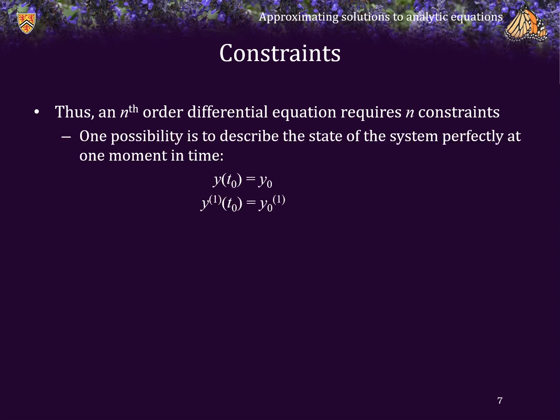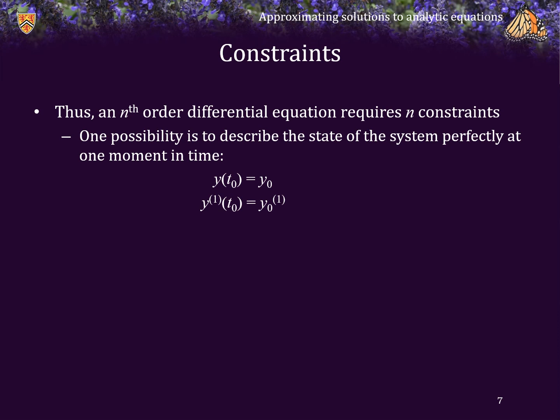Now, one possibility is to describe the state of the system perfectly at one moment in time. So, for example, at time t0, the value of the function is y0, and the value of the derivative is a slope that is initially given.